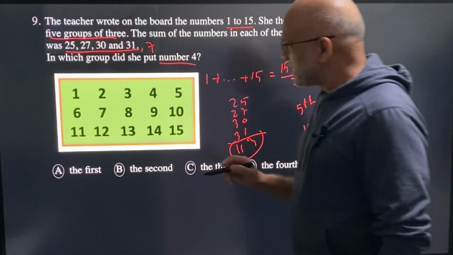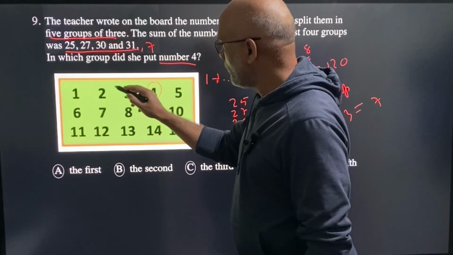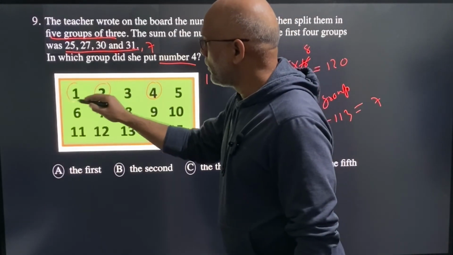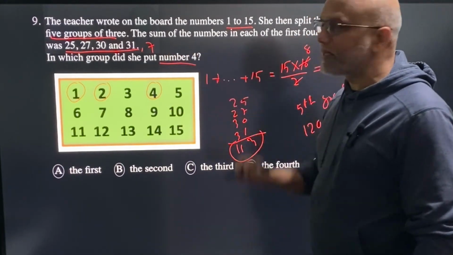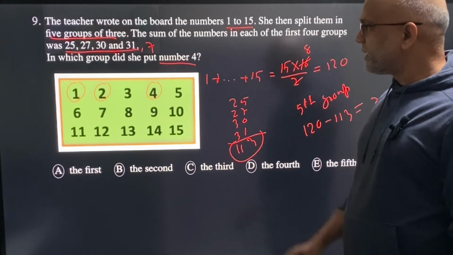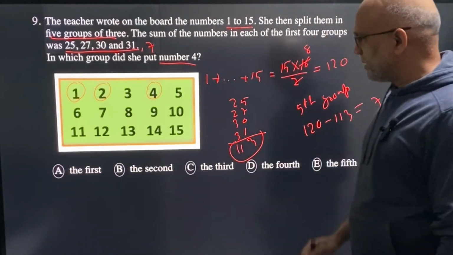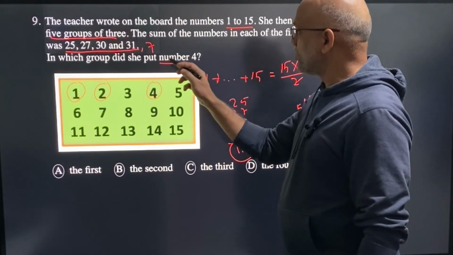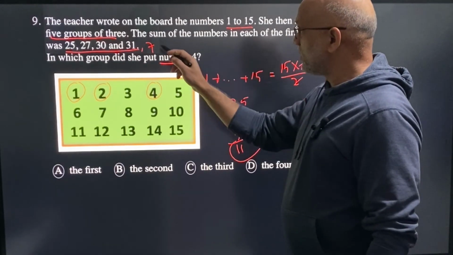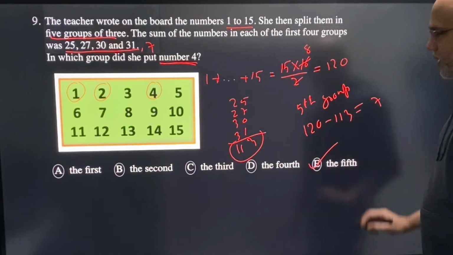As you can see, if I take 4, 2 and 1, this is the only way I can add 3 numbers to get 7. Then the question is, in which group did she put the number 4? 4 goes in the 5th group. The 5th group is the correct choice.